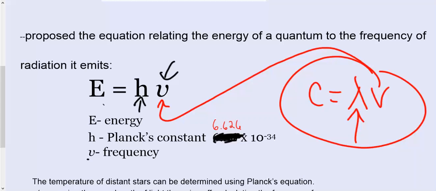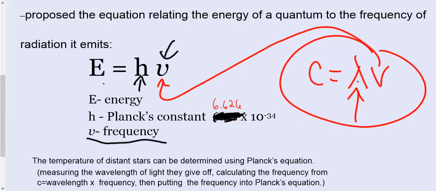His equation can be used to tell the temperature of stars by measuring the wavelength of light that they emit, plugging into this formula and getting the frequency, then plugging the frequency into Planck's equation, and the energy can be calculated. I'll show you how that works in a minute.